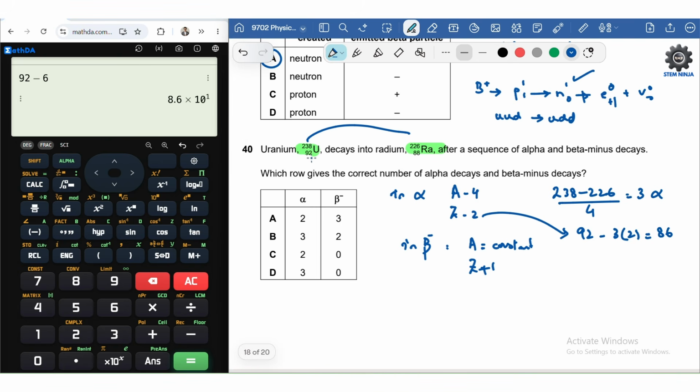Now from 86 to 88 proton number, we know at each time 1 increases in the beta decay. So 88 minus 86 is 2, which is 2 beta decays. So 2 beta particles, alpha particles 3. That is your answer.